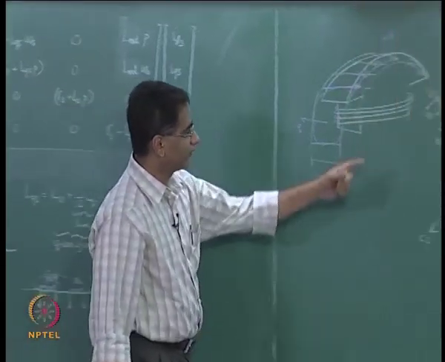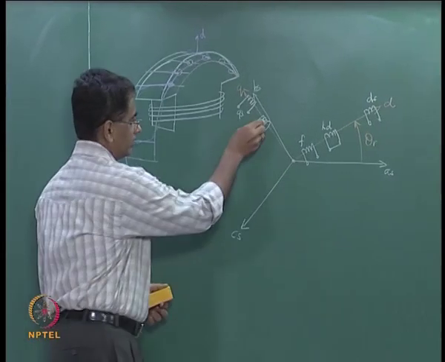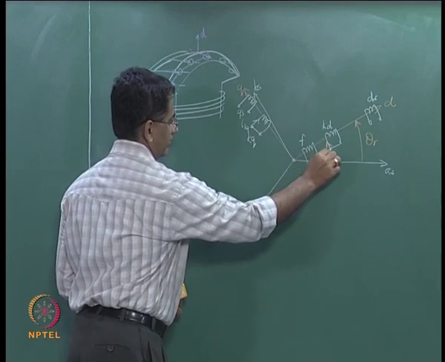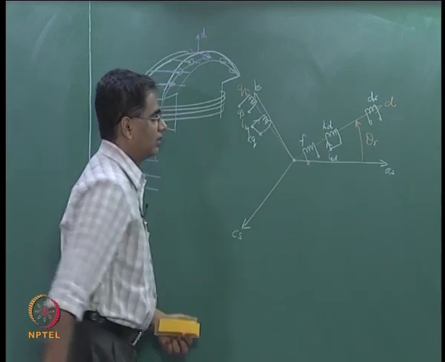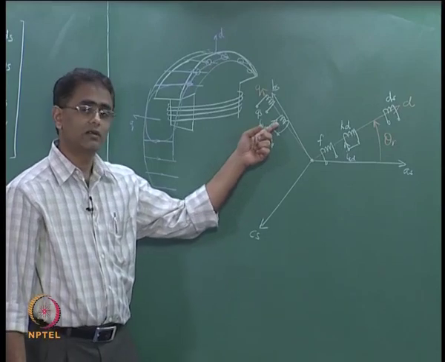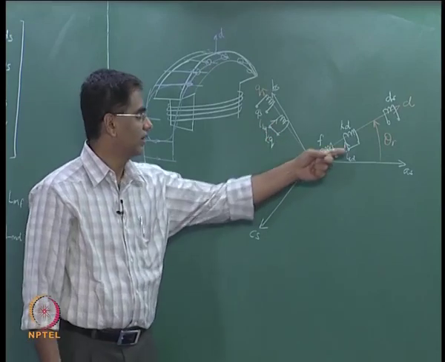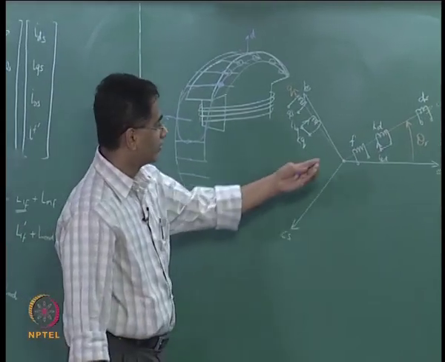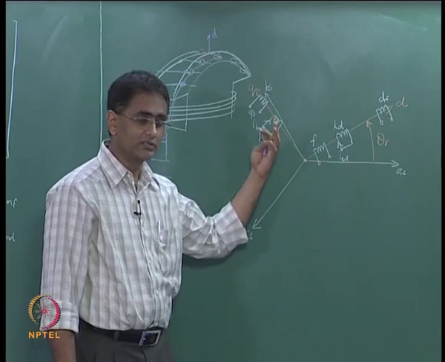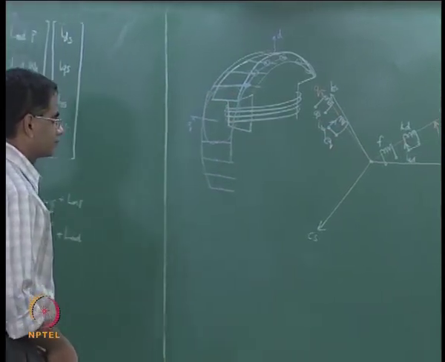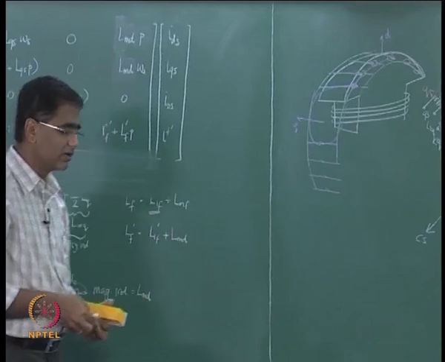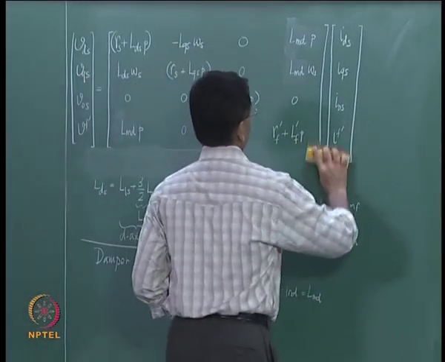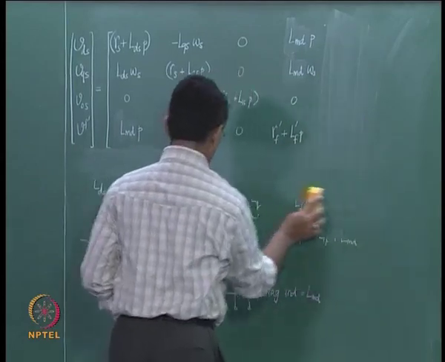Similarly, there will be flow of IKQ in this coil and IKD in this coil. There are certain number of turns here and certain number of turns here, and when you refer everything to stator turns, then the equations really become easy to write. To modify that, let us extend these set of equations.